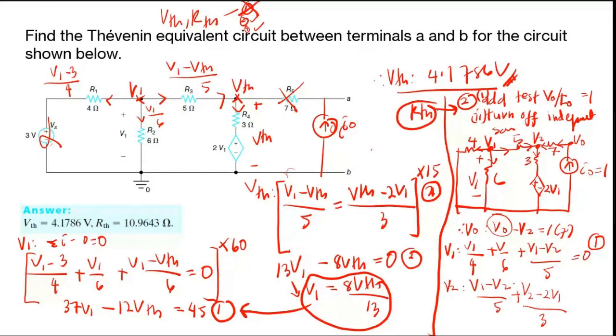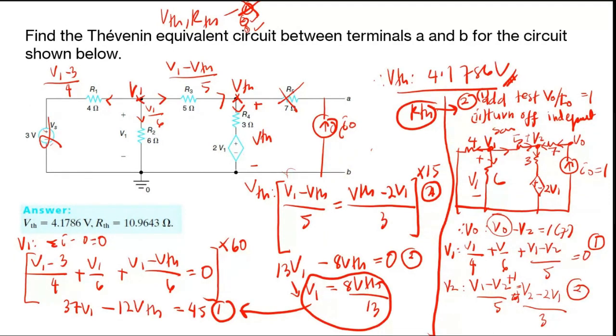Oh sorry, this one is going to be plus 1 and then equal to 0. This is entering, which is equal to 1, so V1 minus V2 over 5 plus 1 equal to V2 minus 2V1 over 3. So this is your second equation.